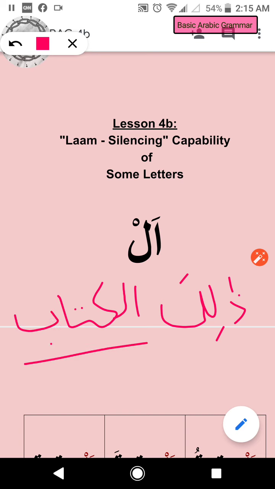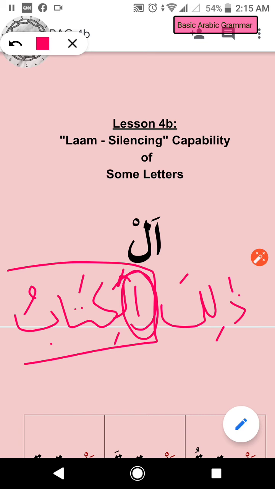We know this word now. This is al kitabu, the book, but we do not know how come we recite it as zali kal kitabu. Where did the sound of this alif go? This is what we are going to cover in the next lesson, inshallah ta'ala.